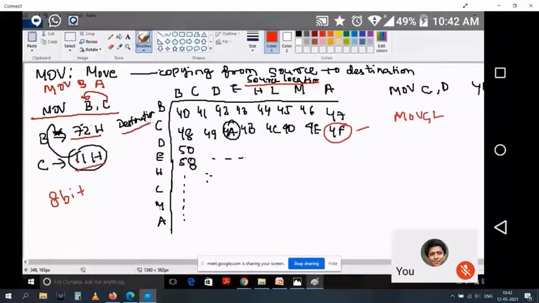So if I am moving from L to C, in this table, in any book, you will find L and C. It will be 4D. So your hexadecimal code will be 4D. If you are writing 4D, then the MPU will understand that I have to copy the contents of register L into register C.